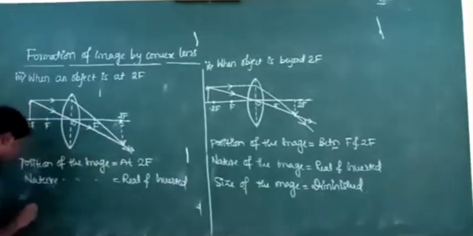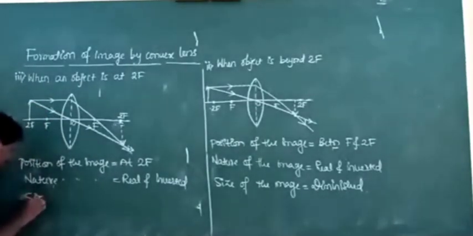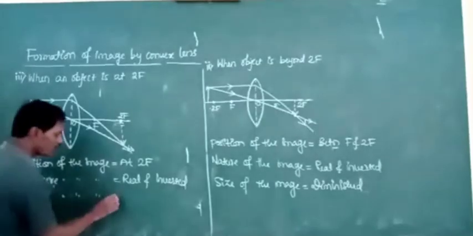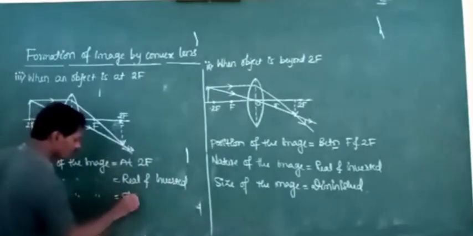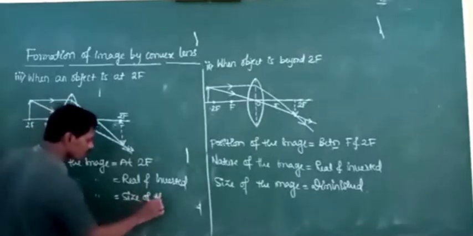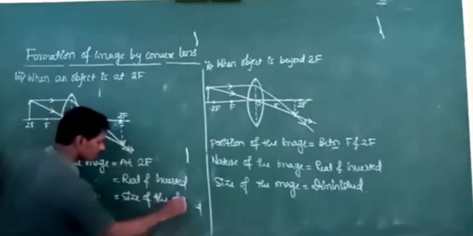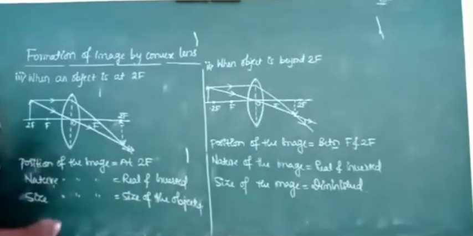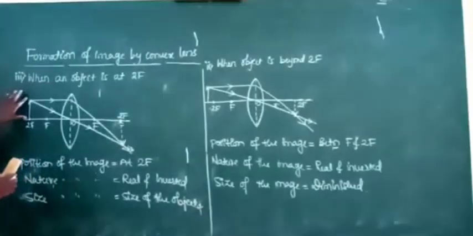And last one, what is the size? The size of the image is equal to the size of the object when the object is placed at 2F.